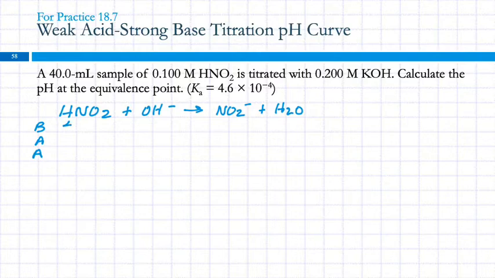So that's 4 millimoles of acid. And then how many moles of hydroxide are we adding at the equivalence point? (40 times 0.1).